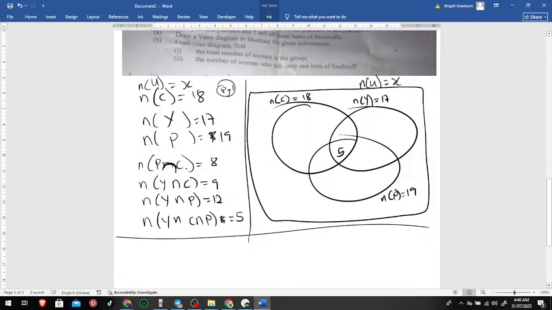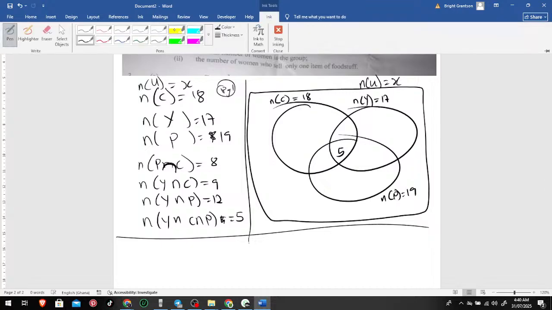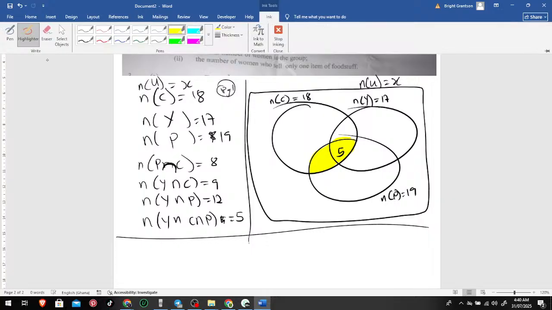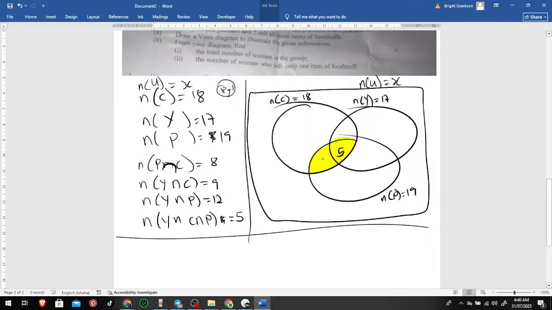Now, number of P intersection C is everything here, the yellow region. Are we okay? So if everything there is 8 and one portion is 5, it means this portion will be 3. So 8 minus 5 will give you 3. Are you okay?